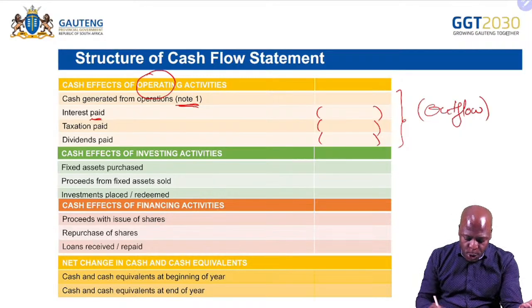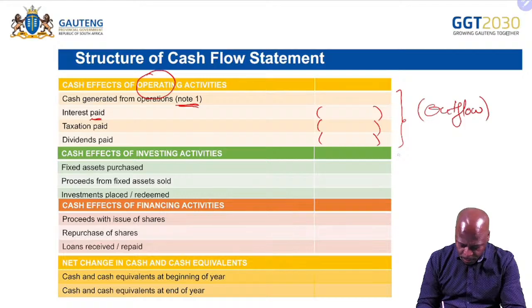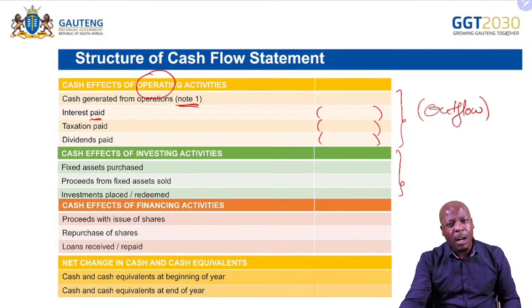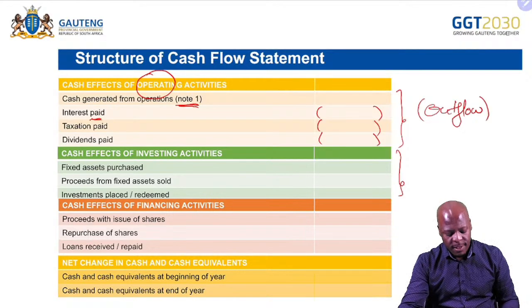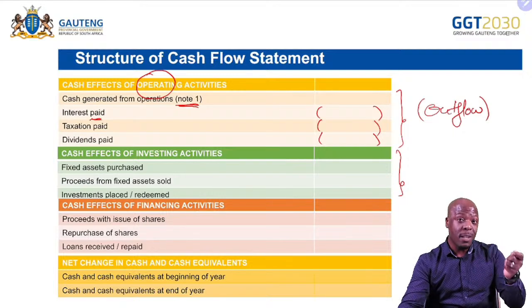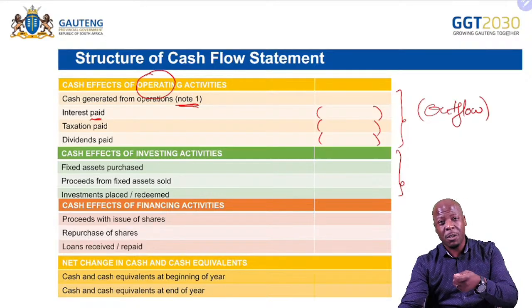And then when you're done with the operating activities, we're going to come now to our investing activities. How is the business engaging in investments? The first area we can talk about in investing activities is your fixed assets. In other words, when you look at the investing activities, there are two main lines. It is your fixed assets and your financial investments.